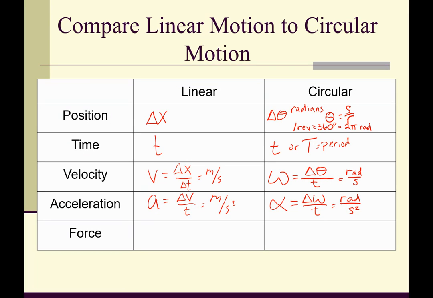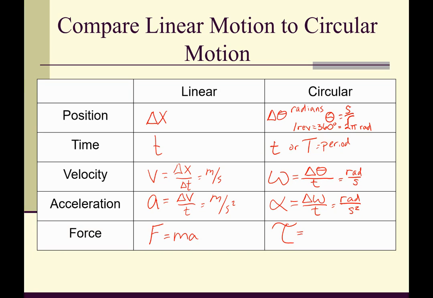Now, force is a little bit different. Force, we have F, and that's equal to mass times acceleration. Now, when we're looking at circular motion, and we're going to go through this much later, so you don't necessarily have to remember this right now, our circular force is going to be called torque.